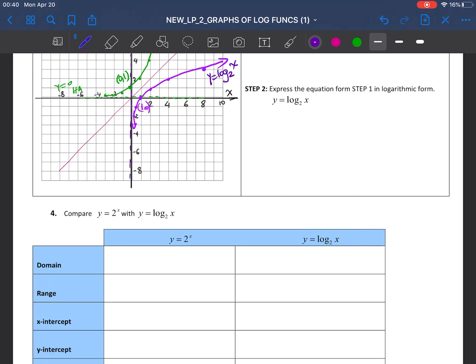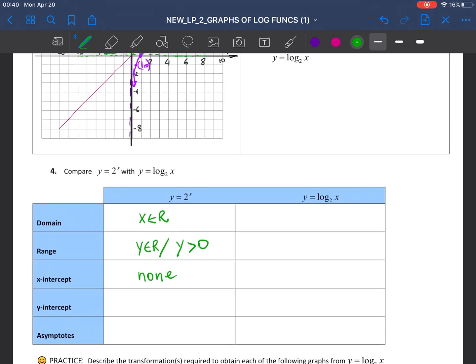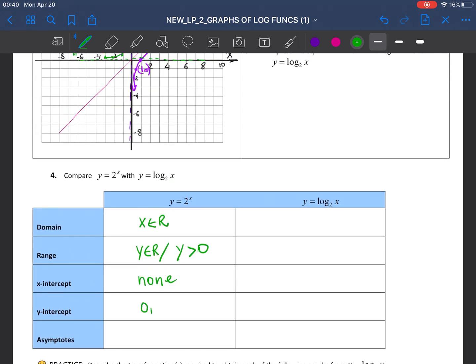For y equals 2 to the power of x, we said that the domain is any real number x, but the range is any real number y, but y has to be bigger than 0, never 0. There are no x-intercepts. There is a y-intercept at x equals 0, y equals 1. And there is a horizontal asymptote, y equals 0.